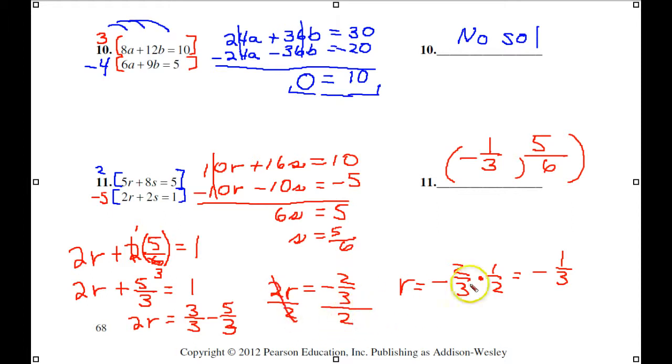And when I divide by 2, I change it to its reciprocal. Here the 2's cancel out, and I get a negative 1/3. Again, I'm not going to give you these rather difficult problems. Most of ours will be whole numbers. I'm going to try to be sure we do that.